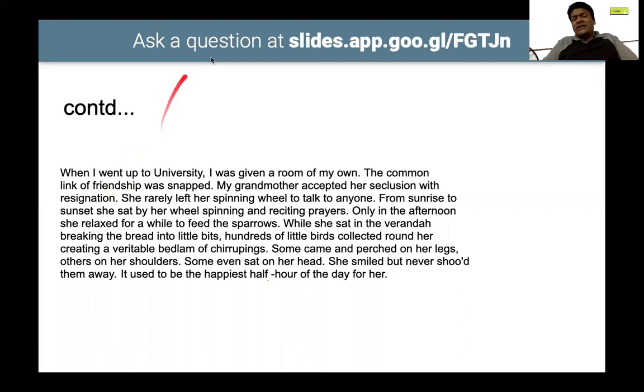So the writer stated, when I went up to university, he was given a room of his own, right? Now imagine that they made the friendship relationship in school, in the village, right?